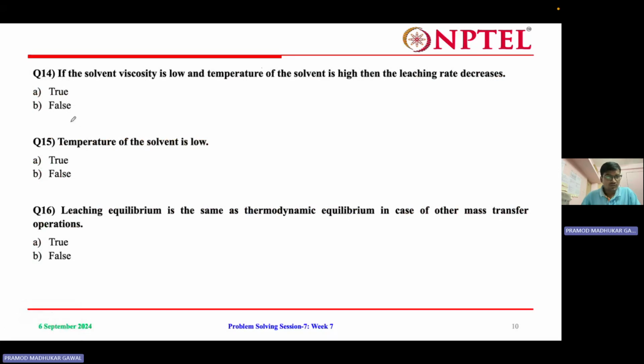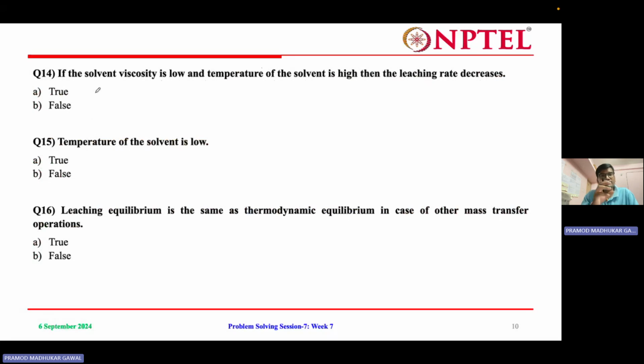Now moving to question number 14. If the solvent viscosity is low and the temperature of the solvent is high, then the leaching rate decreases. You have to decide whether this statement is true or false.